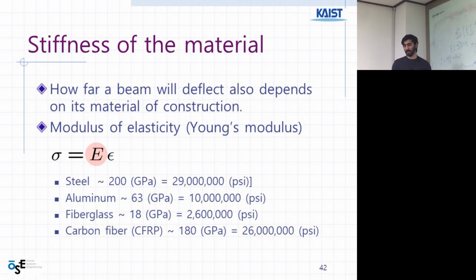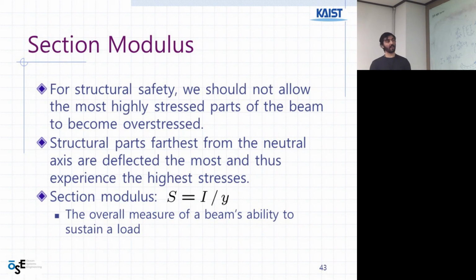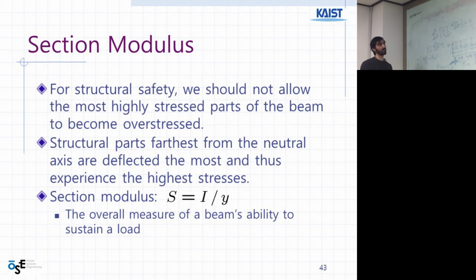And section modulus. For structural safety, we should not allow the most highly stressed parts of the beam to become overstressed. Structural parts that are farthest, as we mentioned before, from the neutral axis are deflected the most and stressed the most, and because of Hooke's law, they are deflected the most.